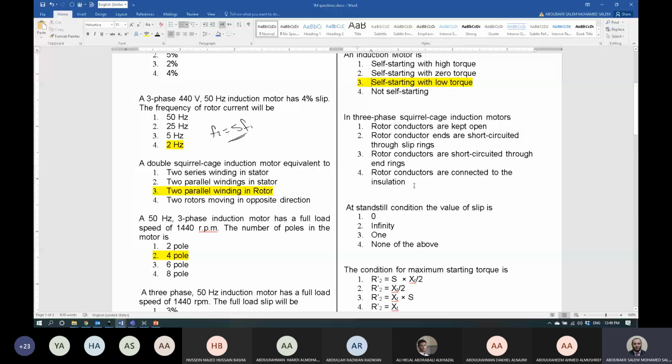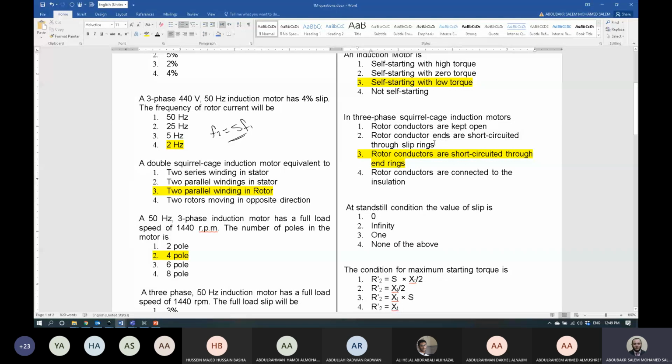What do you think? Which is the right answer? Number 3, exactly. We have end rings on both sides of the conductors.